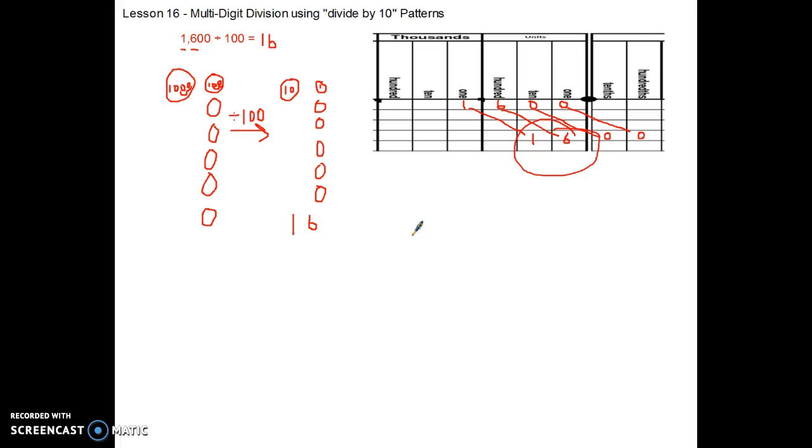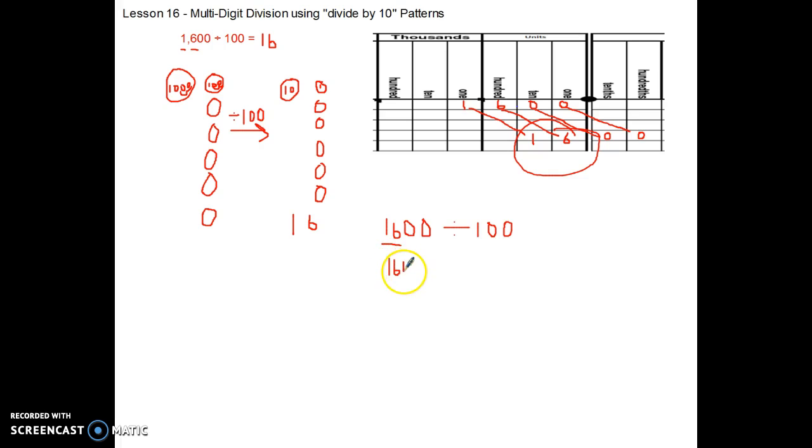could rewrite this 1600 divided by 100 in word form. So this would be, if I decompose it into hundreds, it would be 16 hundreds.